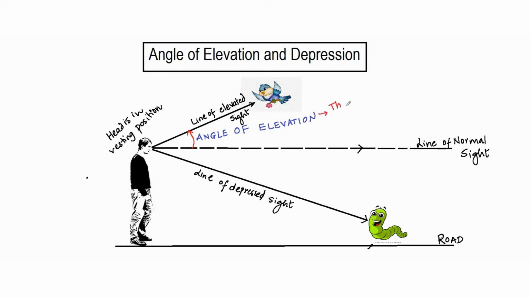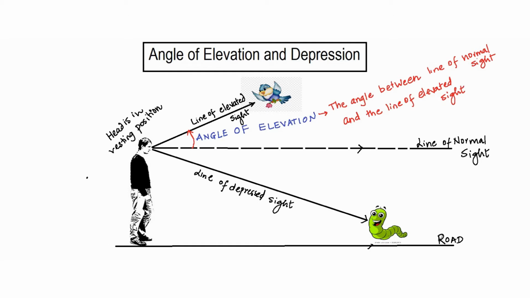It is the angle between the line of normal sight and the line of elevated sight.